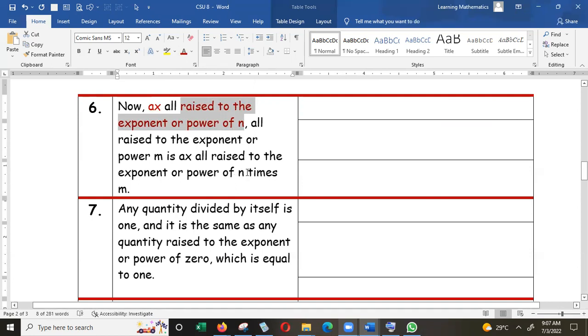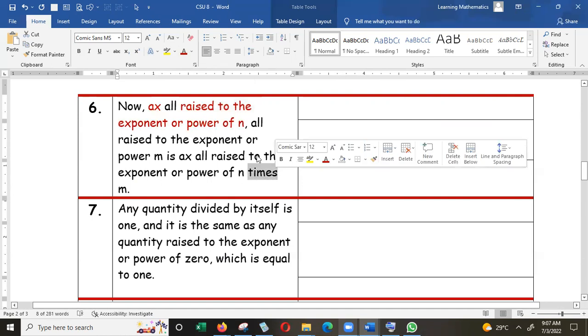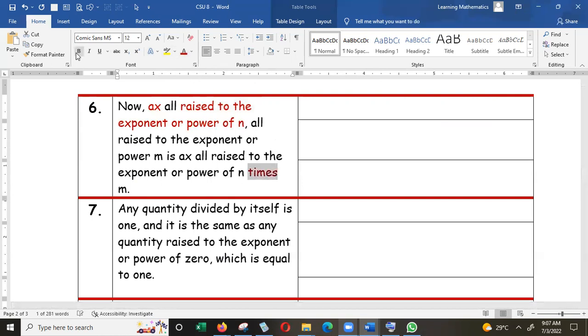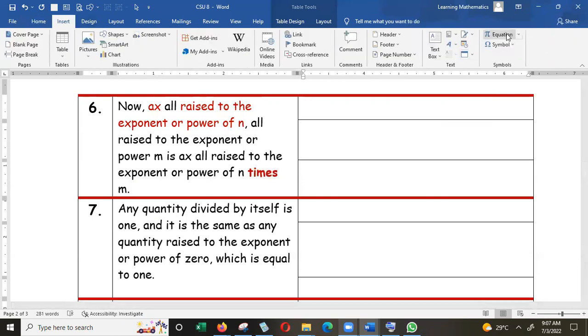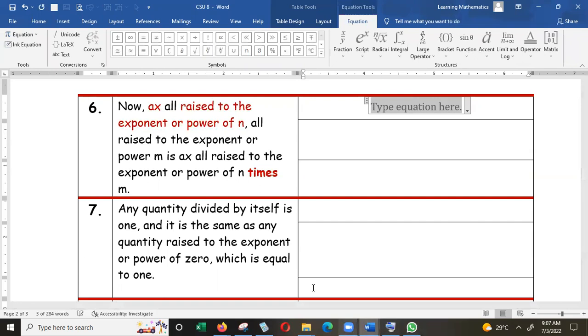Times, the symbolic translation of times is multiply. So let's do that here. Ax.